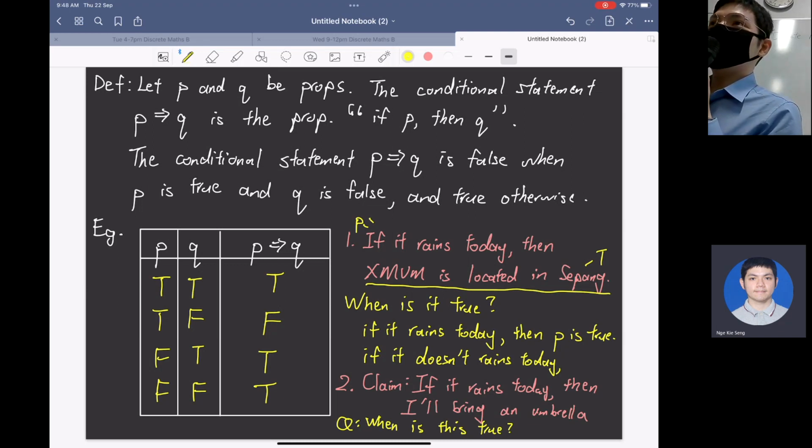When is this true? Any idea? When is this statement true?